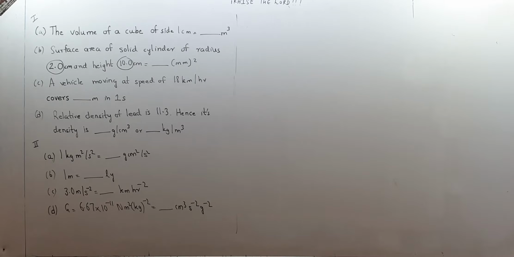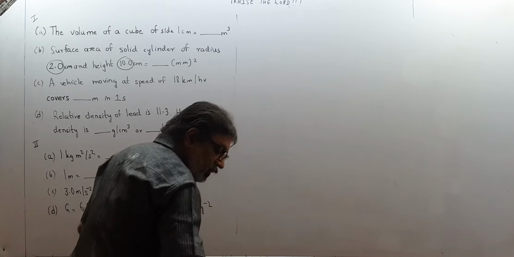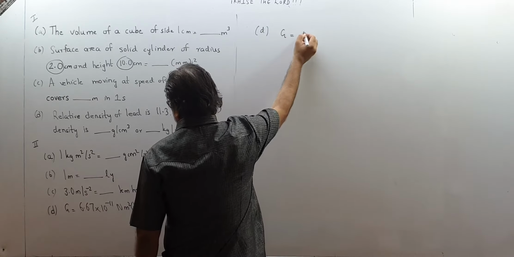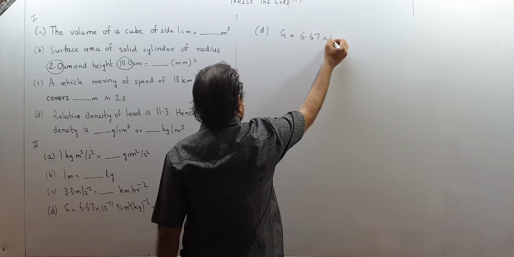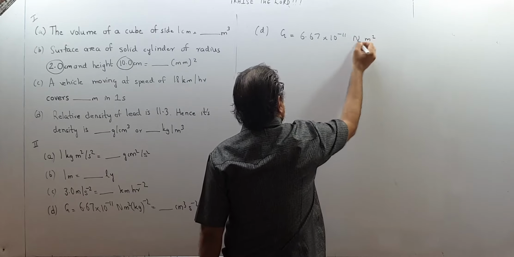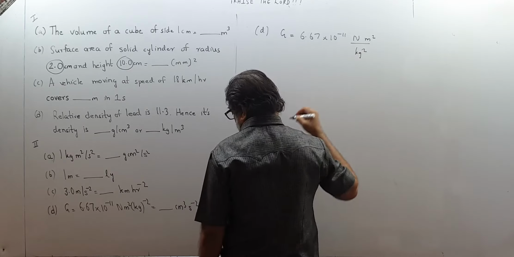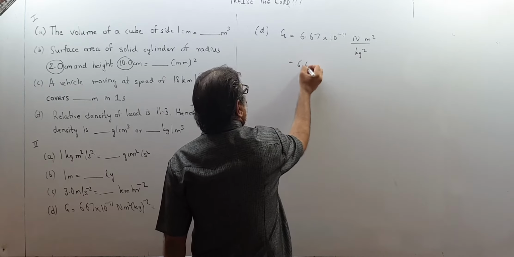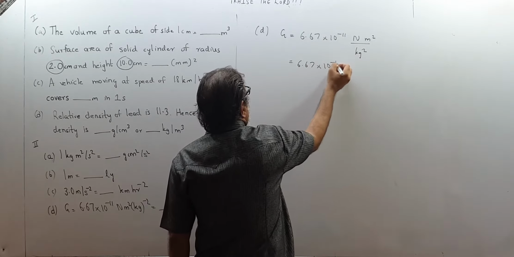Now the fourth one is the children, rather D, that is given to me as G is equal to 6.67 into 10 raised to minus 11 Newton meter square upon kg square. That is to be converted like this. So I write it as 6.67 into 10 raised to minus 11.